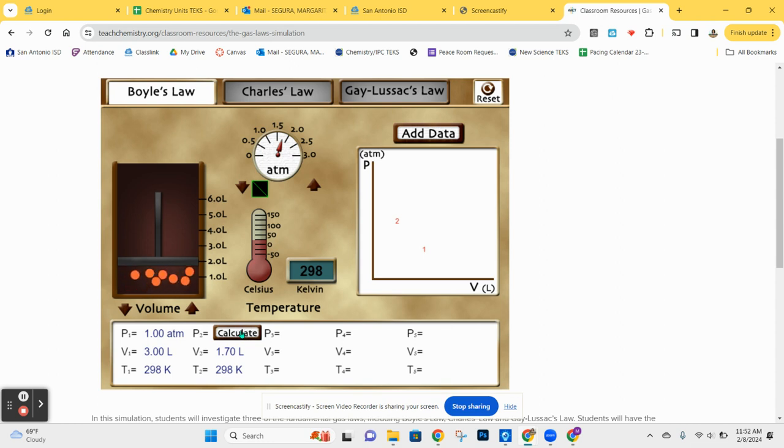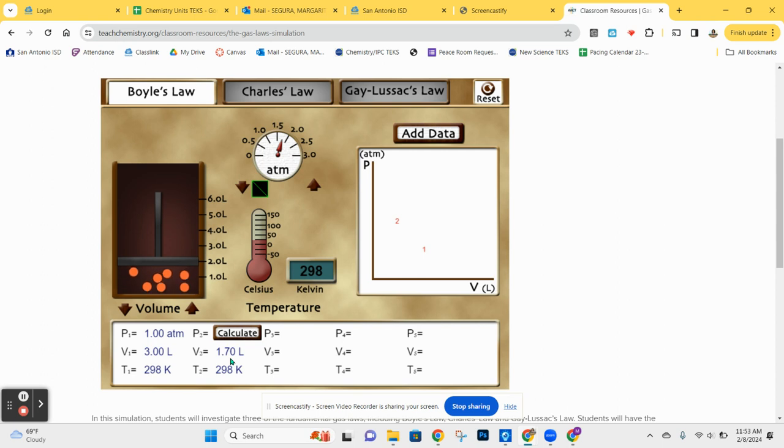You can write X if you want. This is our X. And then our V2 is what we see here. Our new volume, we've reduced it, is 1.70 liters. Okay? All right, so how did we solve this before?